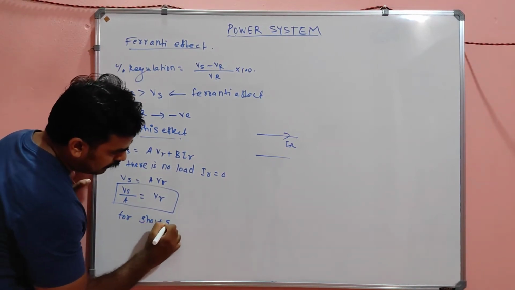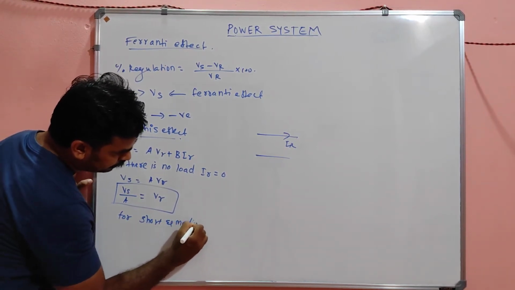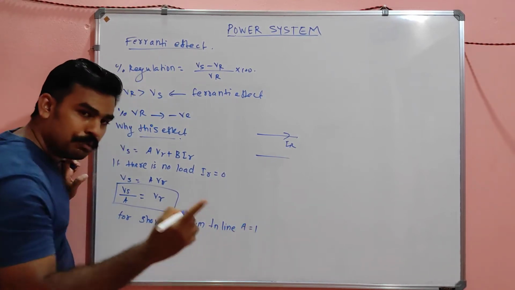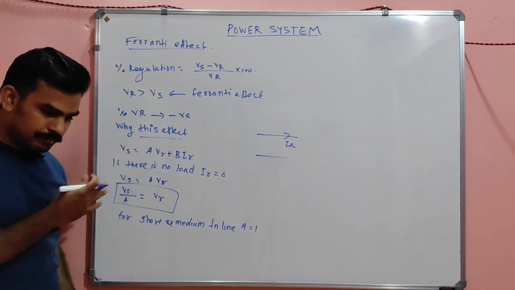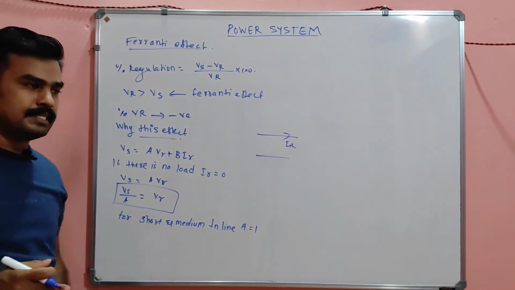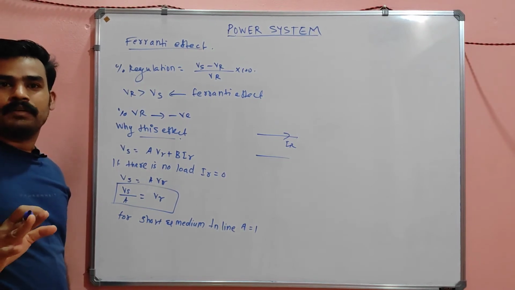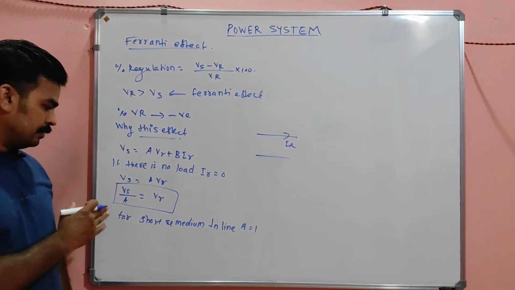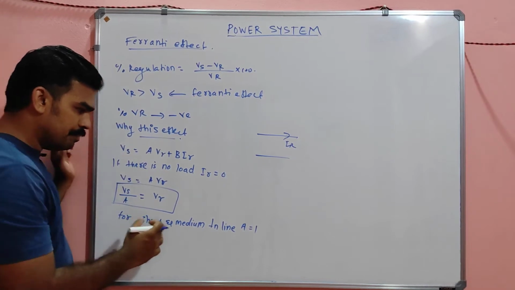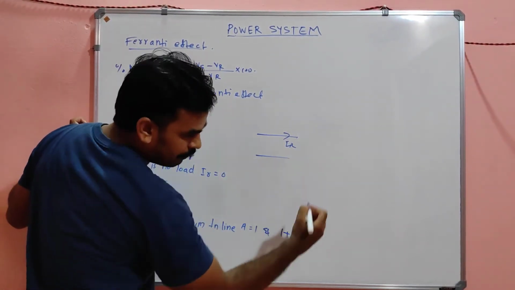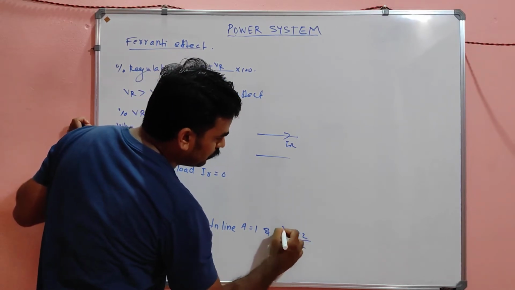For short and medium transmission lines, the value of A you already obtained in previous classes. A equal to D equal to 1. For short and medium, A equals 1 and 1 plus YZ by 2 respectively.